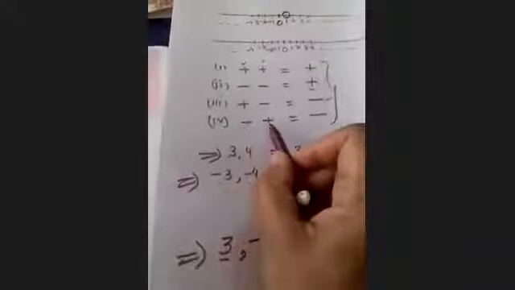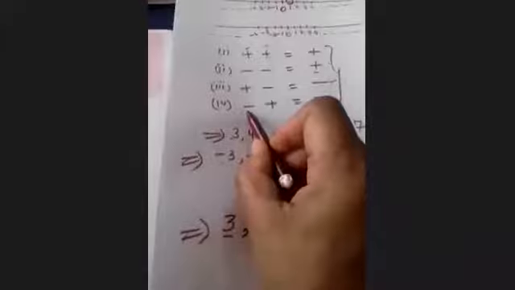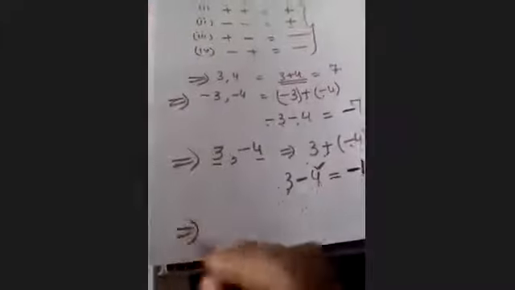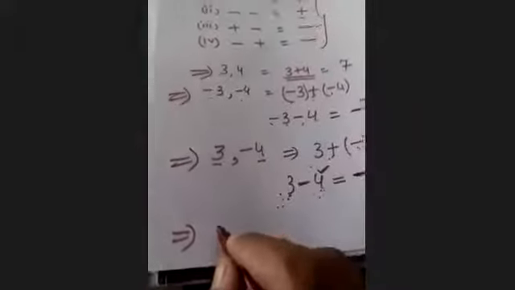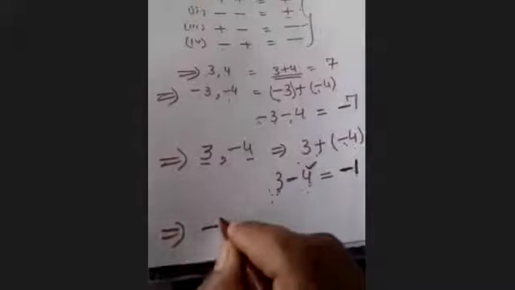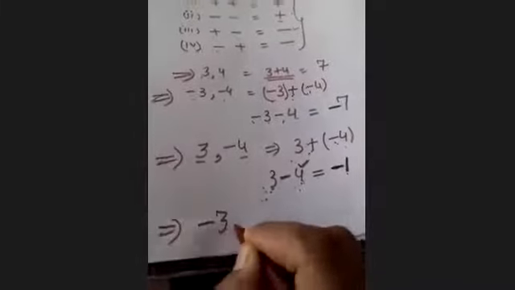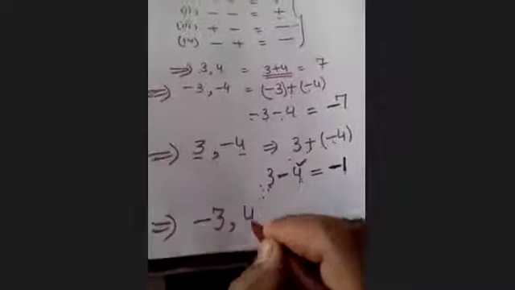Clear, students? Next is minus plus minus. Suppose our first integer is negative and second is positive. Let us consider one more example. The first integer is minus 3 and the second integer is 4, positive.